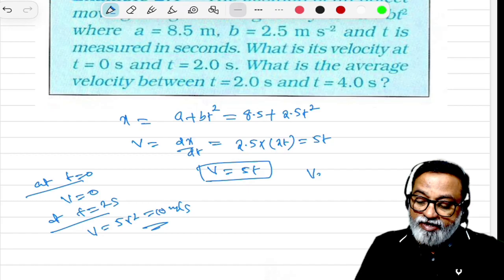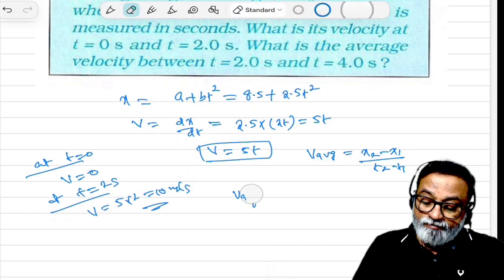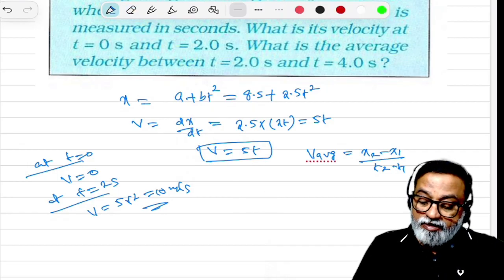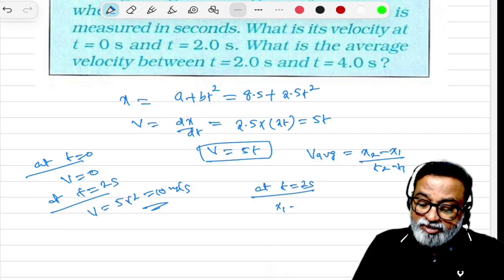Here, average velocity is equal to x2 minus x1 by t2 minus t1. Here I have to find out the position. First one, x1: at t is equal to 2 seconds, I am taking the position x1.